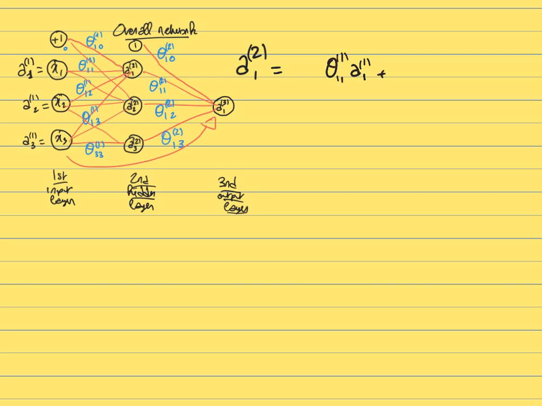It's going to take neuron number 2 in layer 1 and multiply it by the weight theta 1 2 in layer 1. It's going to take neuron number 3 in layer 1 and multiply it by the weight of this connection.